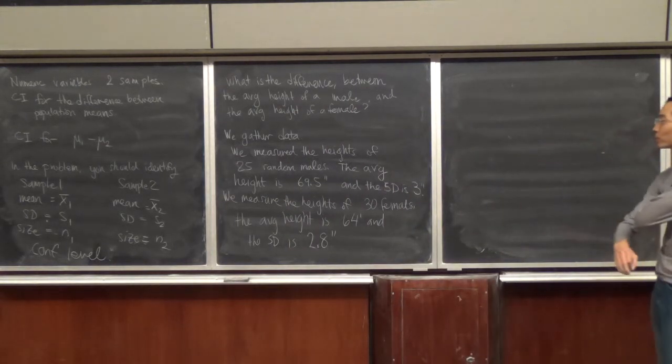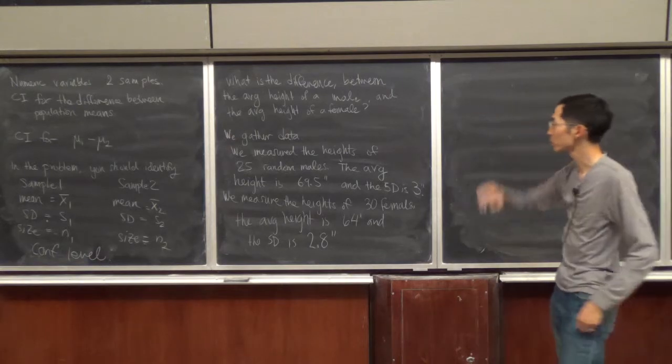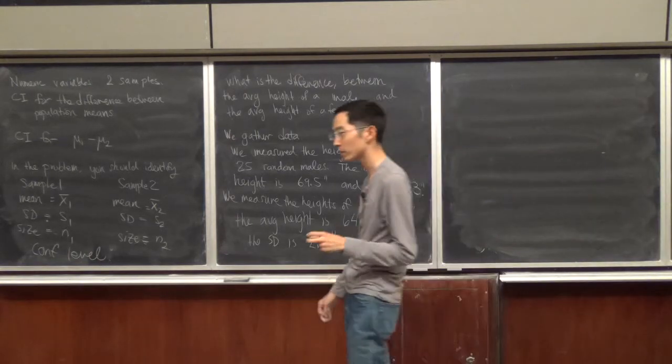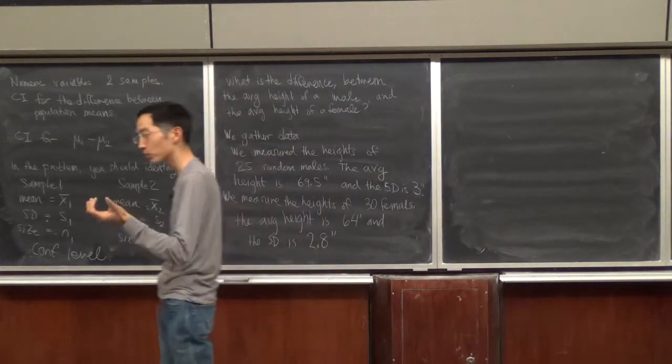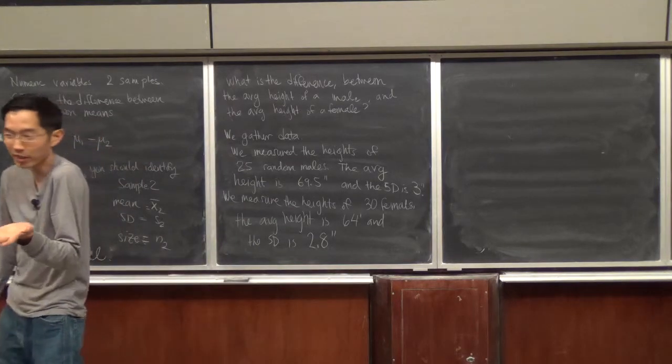So what we are looking for is the difference between the average height of a male and the average height of a female. So our answer is going to be in the vicinity of what value?